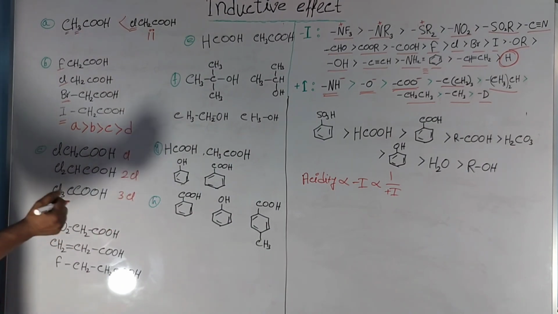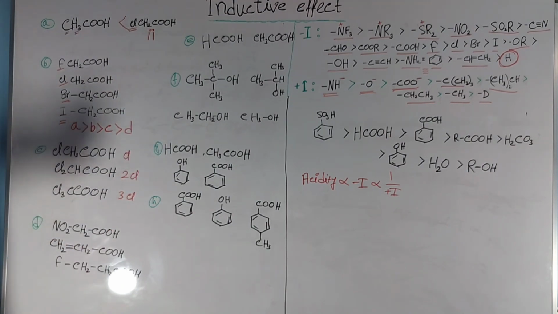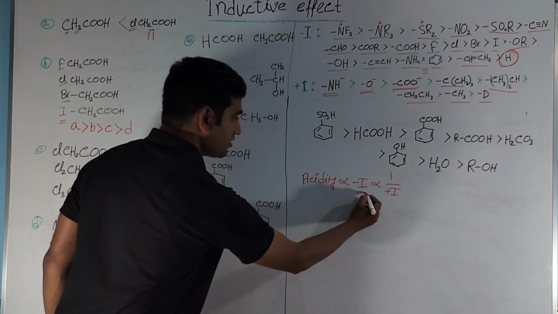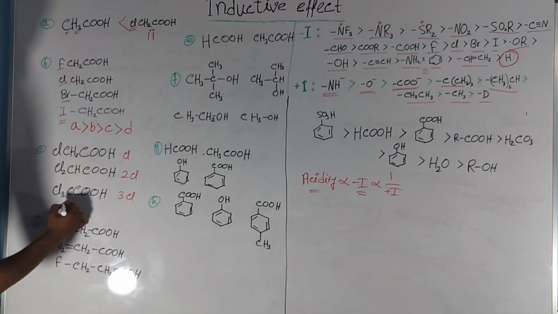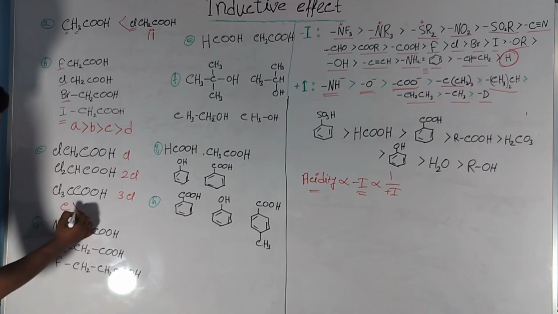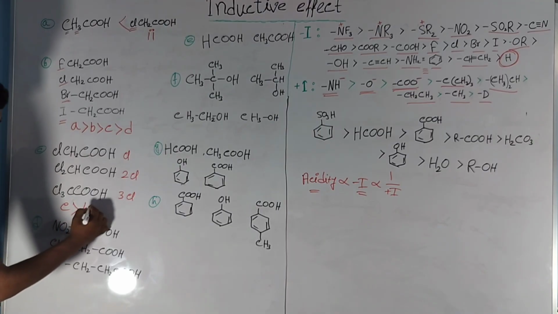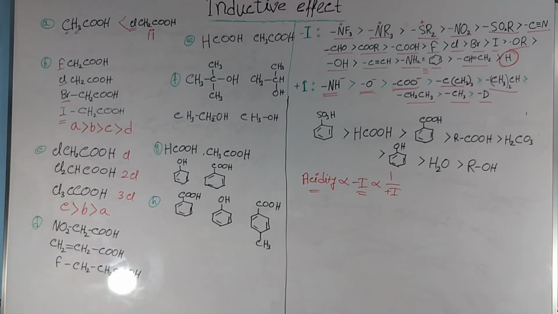Number of electron withdrawing groups increasing means acidity will increase. Minus I power increases means acidity will increase. So the third one, C, is more acidic compared to B, compared to A.